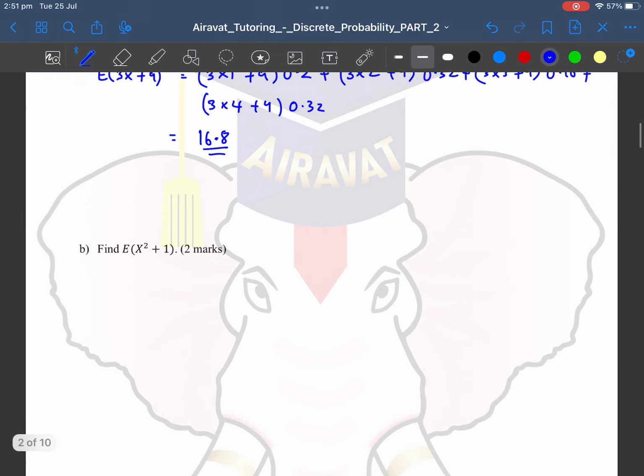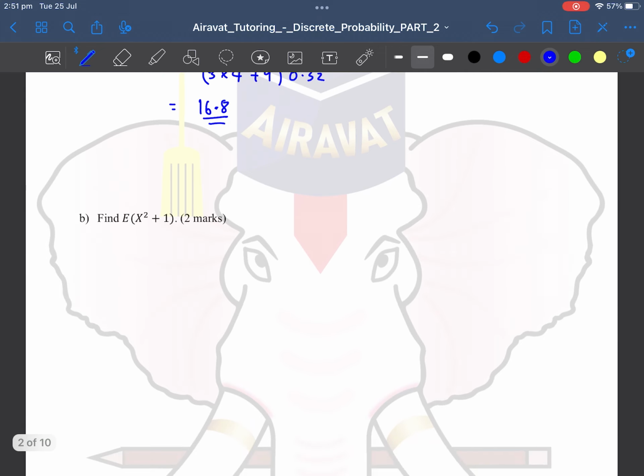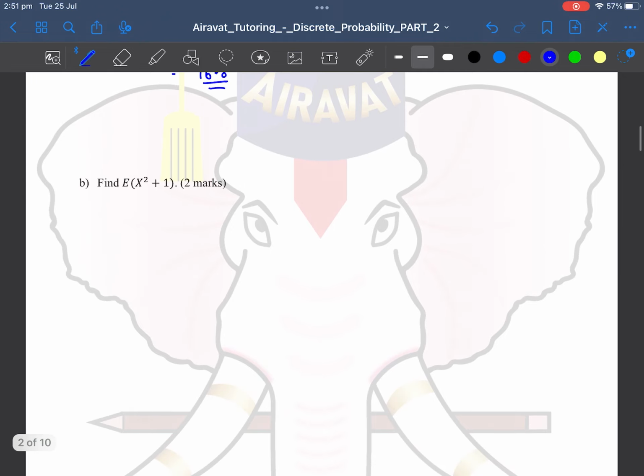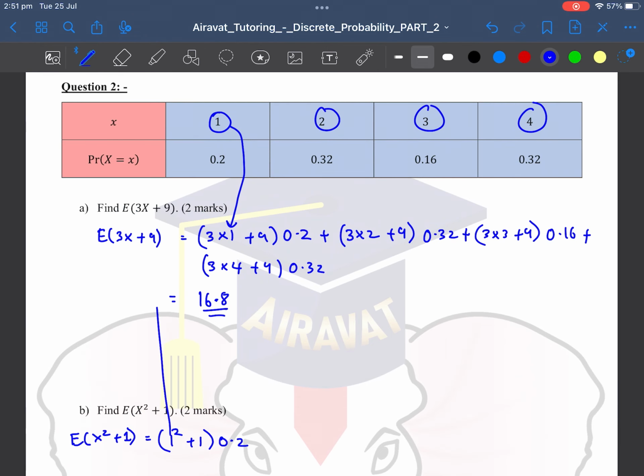Alright, now E(X² + 1), how do I find that? Well, again, all we do is simply substitute 1, 2, 3 and 4 in terms of x and then find it. So E(X² + 1) is going to be (1² + 1) times 0.2. Again, this 1 comes over from here.